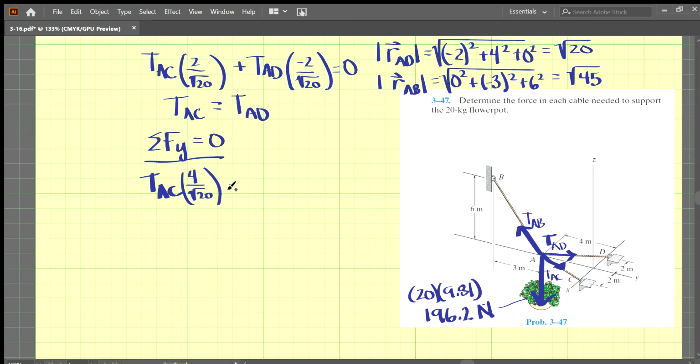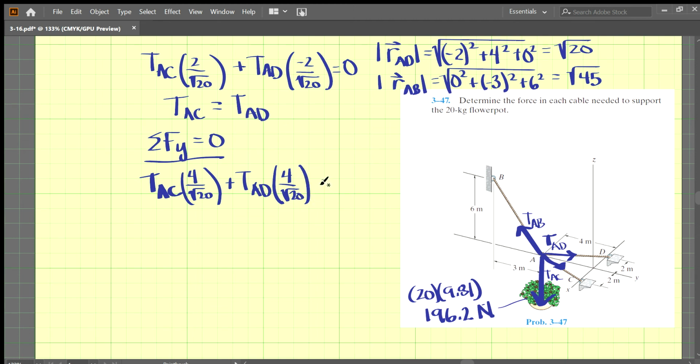All right, and plus TAD, and as we move from A to D in the Y direction, that's also a +4 divided by the total length, which is also square root of 20.